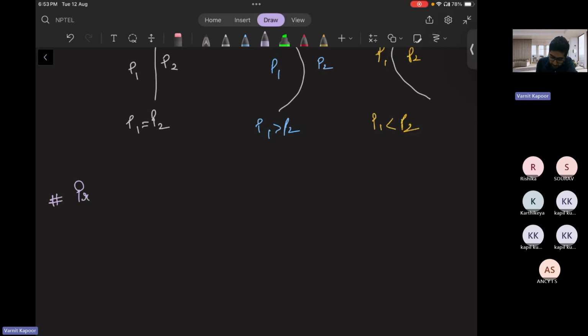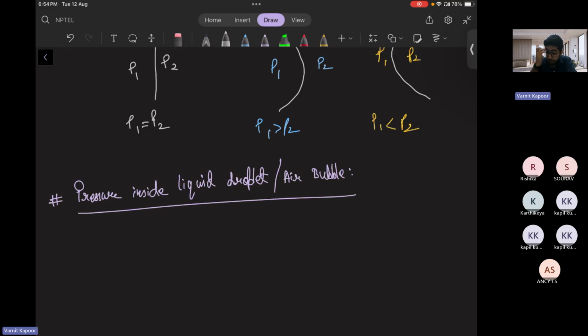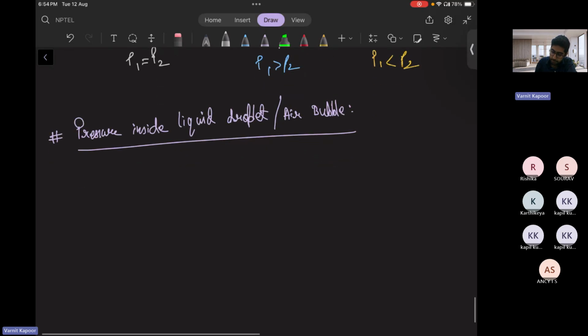So pressure inside a liquid droplet or you can say air bubble.